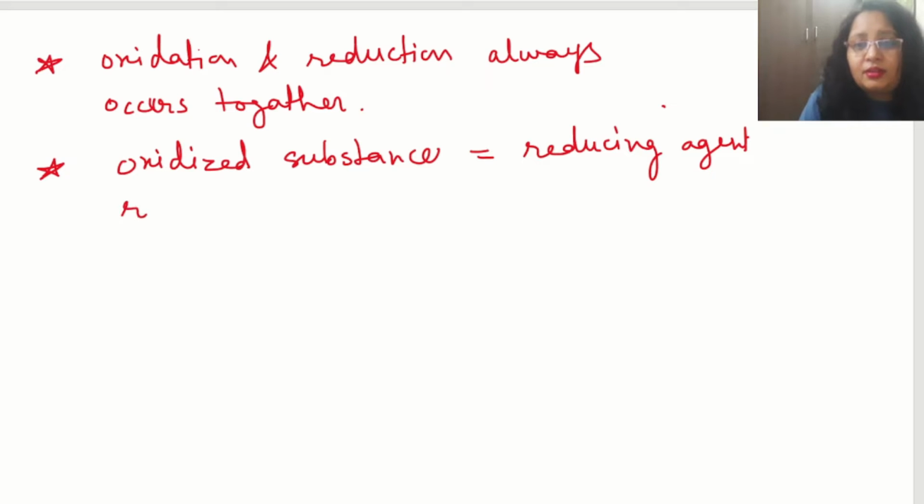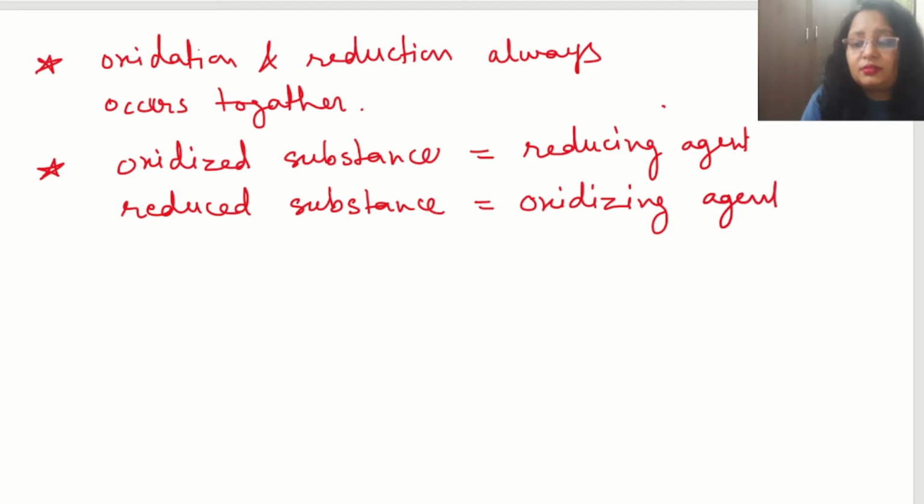In the same way, reduced substance is our oxidizing agent. So if the oxidation reduction is going on, if one substance is oxidizing, who is the main culprit for the oxidation of that? It is the other element which itself is reducing. So if I am going to oxidize something, I need to be reduced myself. This is going on here, that's why it is a simultaneous process.